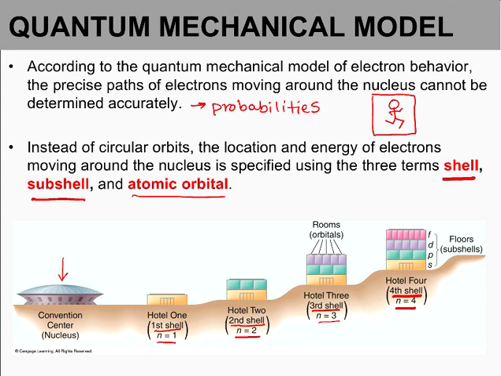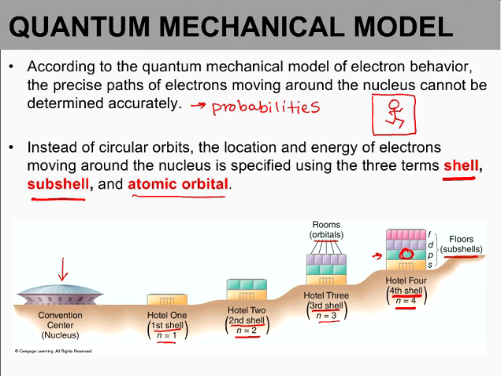So we're going to call these floors subshells. And then we're going to call each of those individual rooms orbitals. So let's say we have an electron and it's in Hotel 4. And then we can further pinpoint where the electron is by saying that they're staying on floor 2, and let's say they're in the center room.